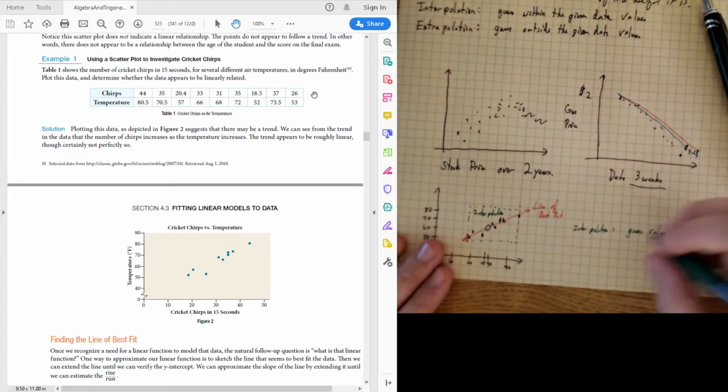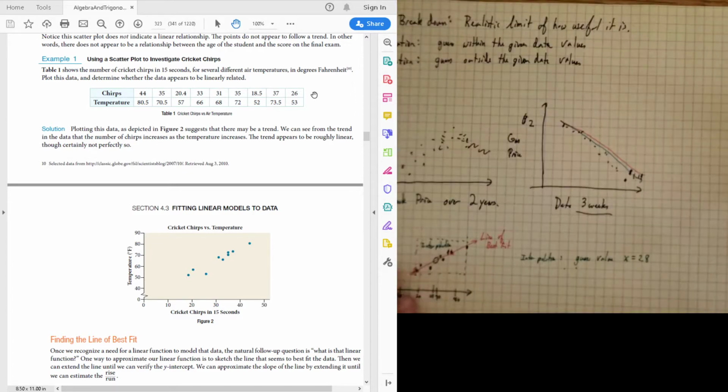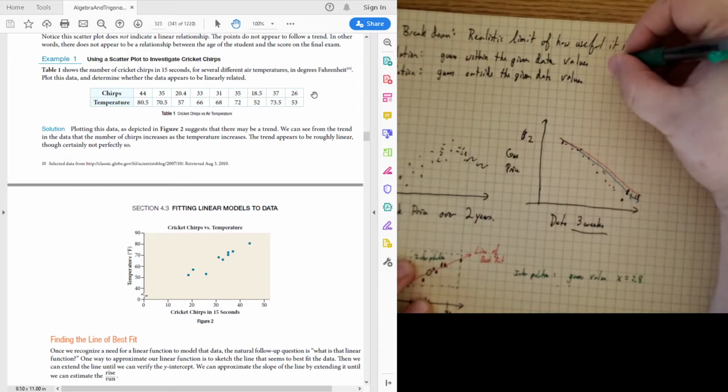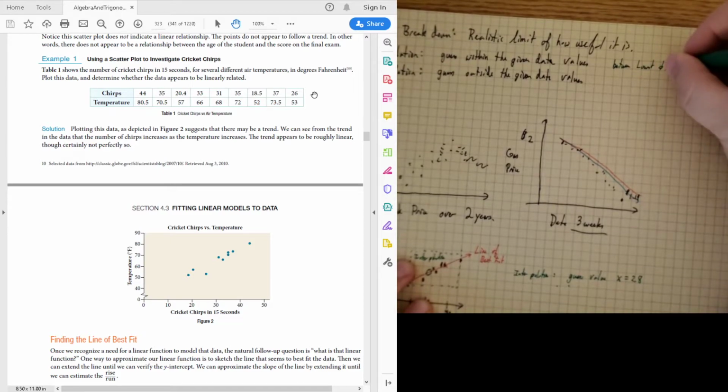So this is your guess. Your guess has to be, let's see if I can write this, between the lowest and highest given values.